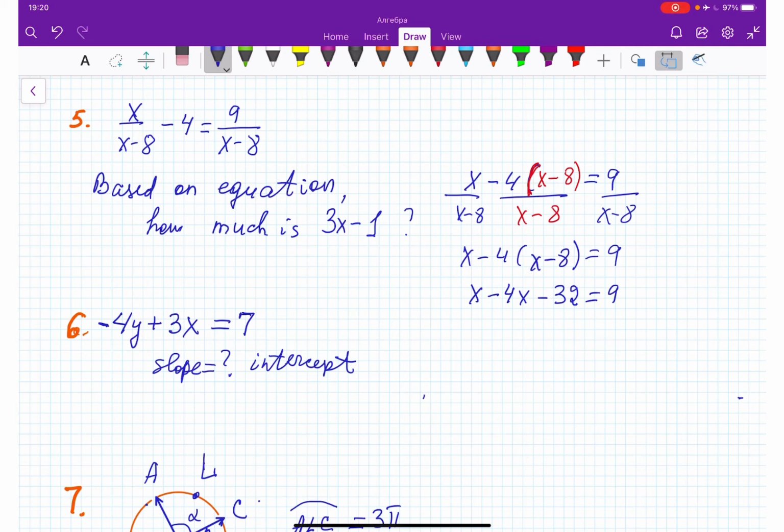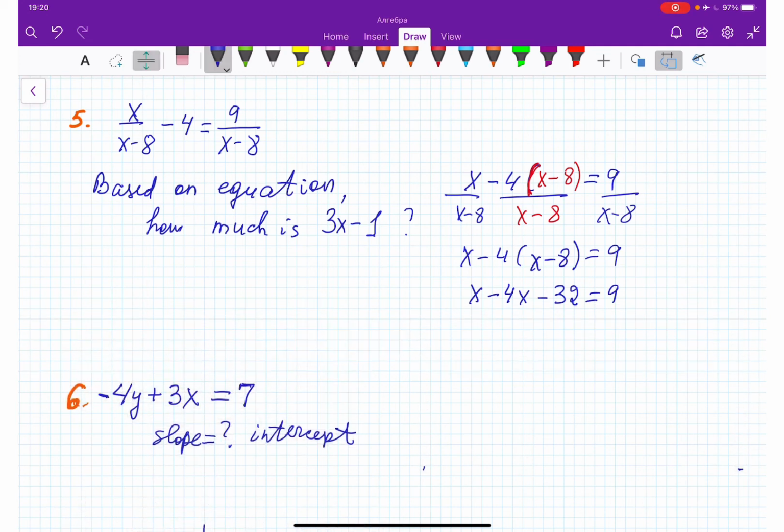So negative 3x is equal to negative 23, right? And x is equal to positive 23 over 3.